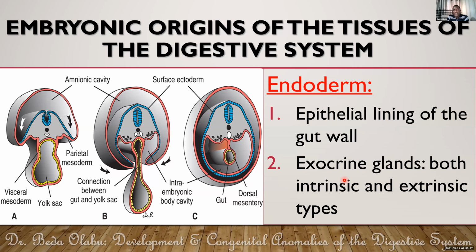So the glands come from endoderm. That means that there are endodermal outgrowths. The extrinsic ones are endodermal outgrowths from the wall of the yolk sac.